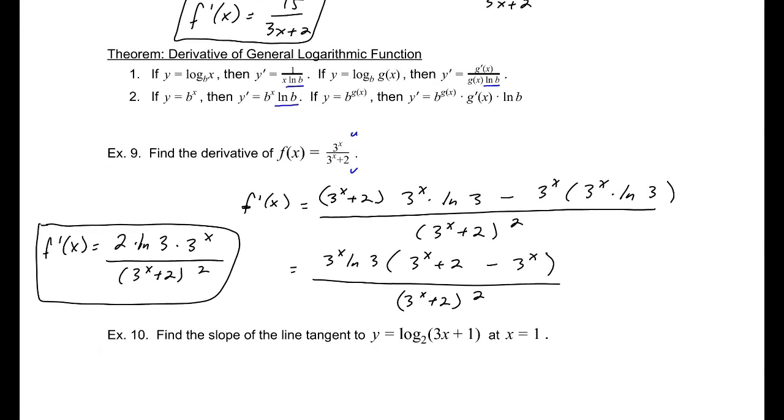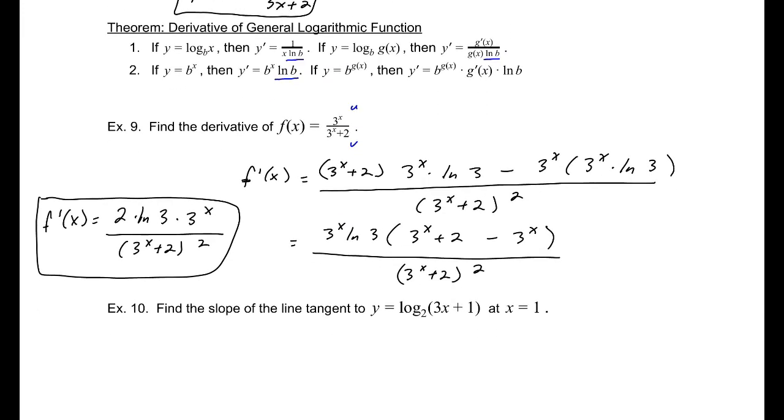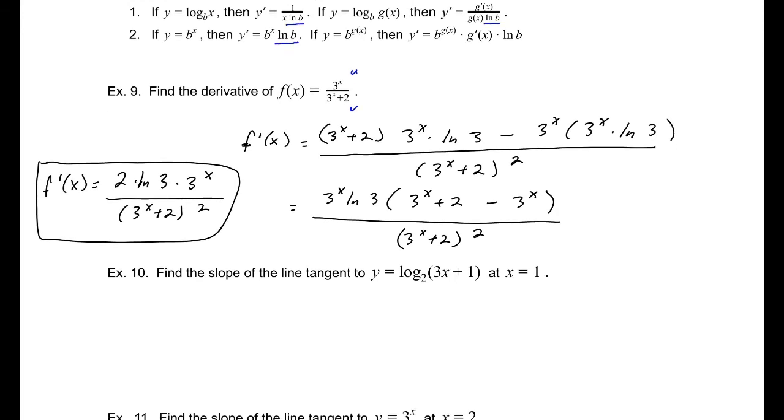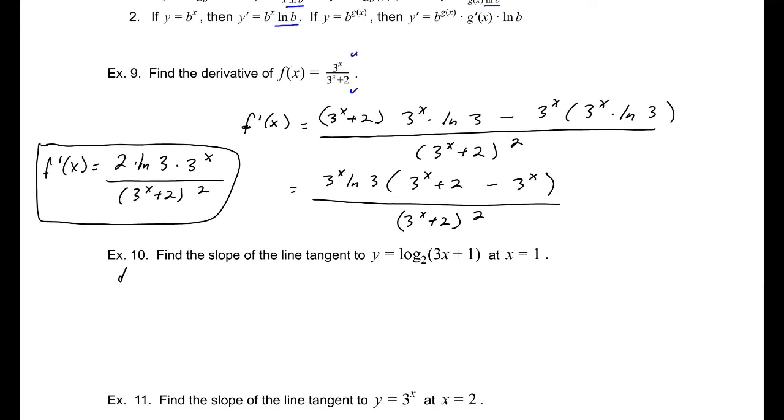Number 10, find the slope of the tangent line, or the line tangent to y equals log base 2 of 3x plus 1 at x equals 1. Okay, so first we will find our derivative. Really what we're after is dy dx evaluated at x equals 1.